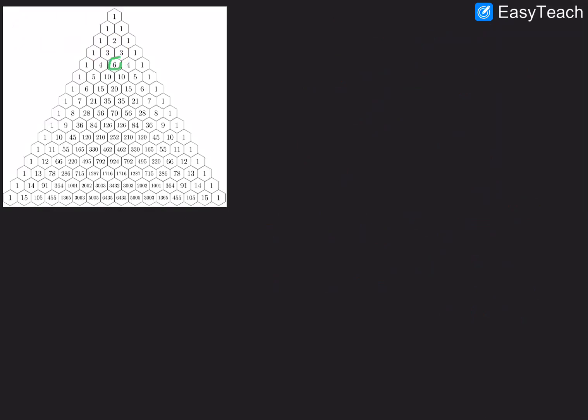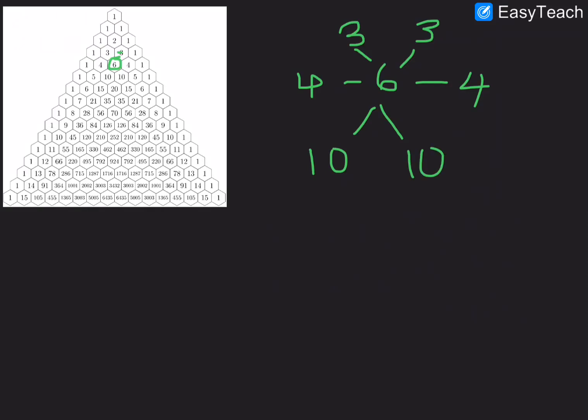Let's say I picked the 4 right here. That means I picked the numbers around it. So 3 and 3 are above, the 4 and the 4 are on either side, and 10 and 10 are below. And this one's a little more obvious.